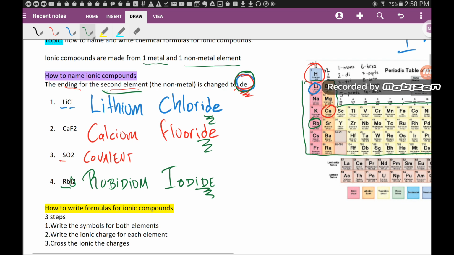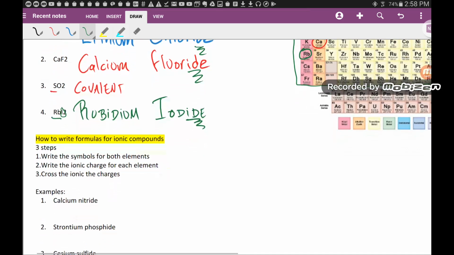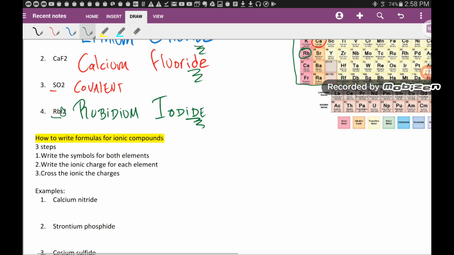Okay. Now we're gonna move to how to write formulas for ionic compounds, and this is actually what students struggle with the most, and it is only because they don't do these three steps. There are three steps to write formulas for ionic compounds.